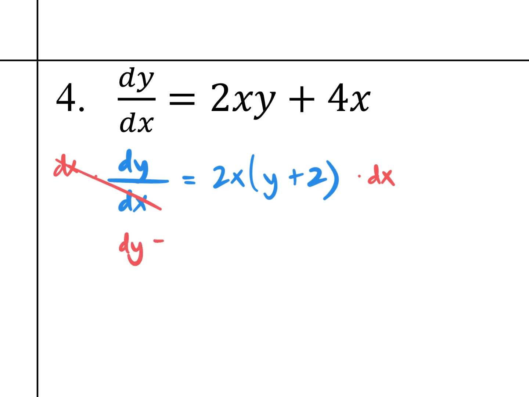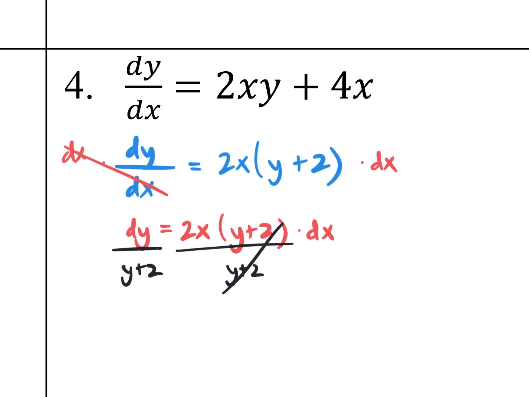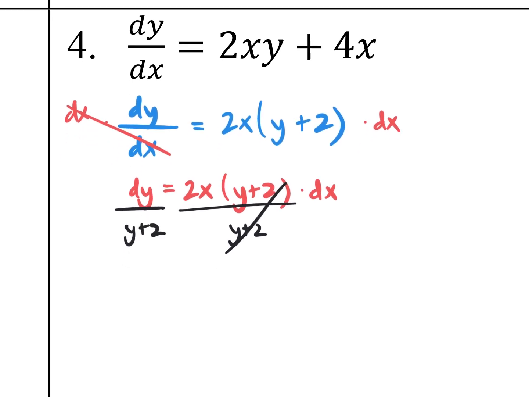And I get dy is equal to 2x times y plus 2 dx. And I have to get rid of my y plus 2's. So we'll move that over to the other side by dividing. So I've got 1 over y plus 2 dy is equal to 2x dx.